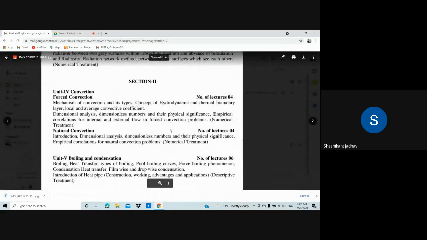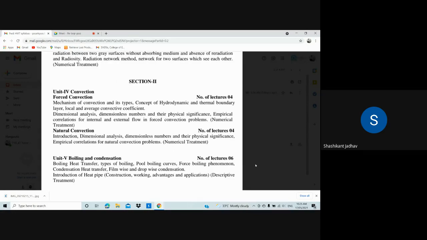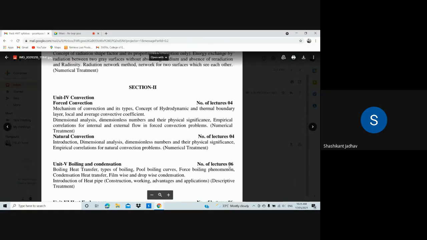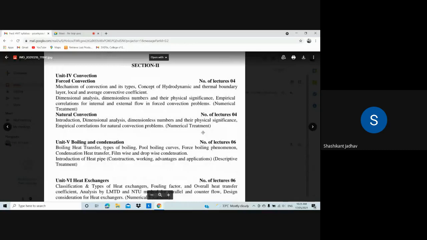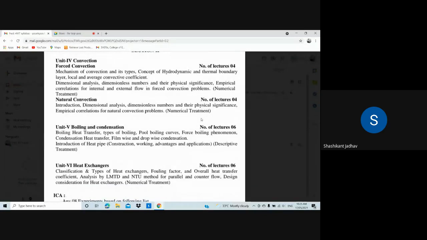Then pool boiling curves. Then forced boiling phenomenon. Then condensation heat transfer. In that, film wise condensation and drop wise condensation are there. Then introduction to heat pipe, that is construction, working, advantages and applications.